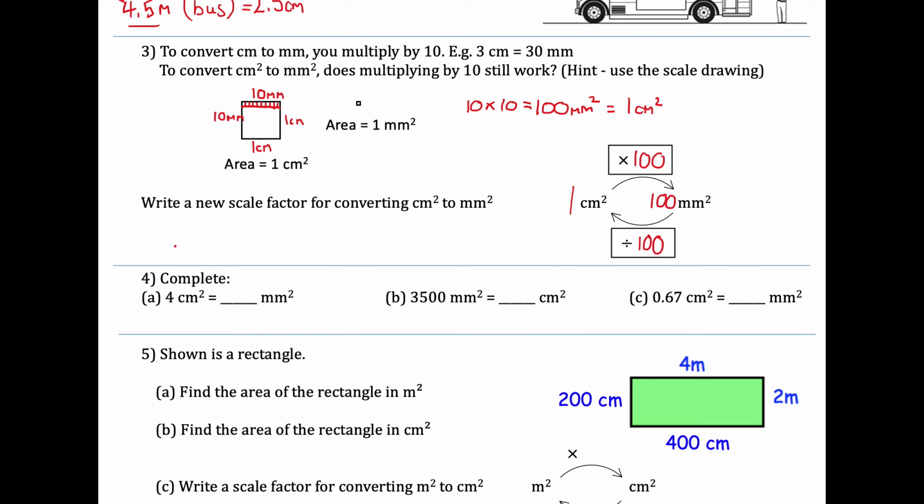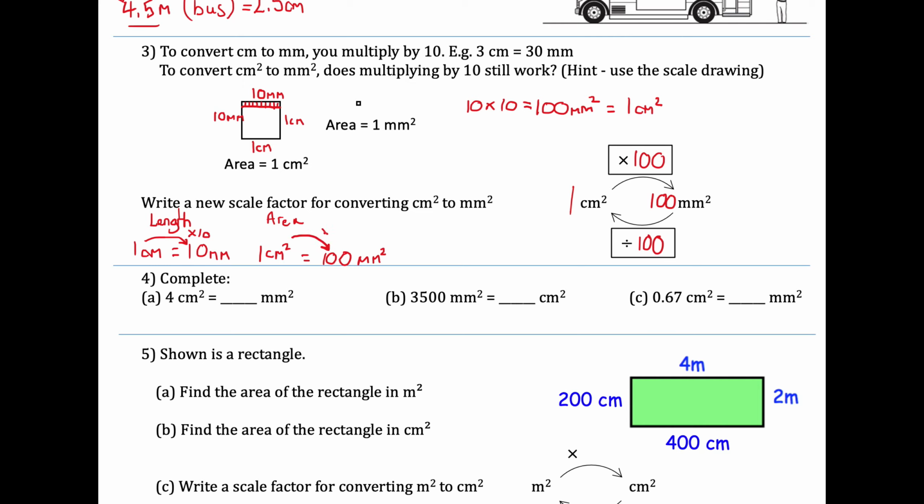If you know the linear scale factor, so for length, we call that the linear scale factor, so that's equal to 10 millimetres. So we're timesing by 10. Then for area, we are actually timesing by the scale factor squared, the linear scale factor squared. So 1 square centimetre we've just shown is equal to 100 square millimetres, and square millimetres and square centimetres is the right way to say it, by the way.